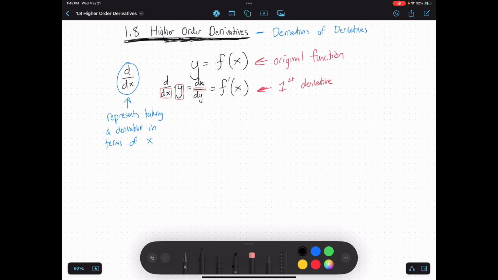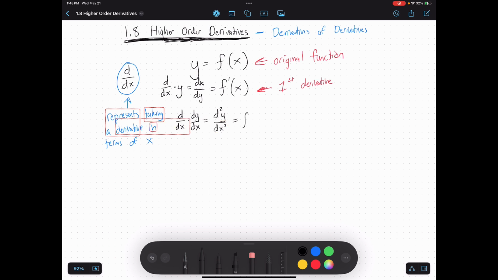To do that in Leibniz notation, I'm going to take the derivative of my derivative. Do we see what I did there? When I put those two things together, I end up with d squared y over dx squared. So this is my notation for this second order derivative.